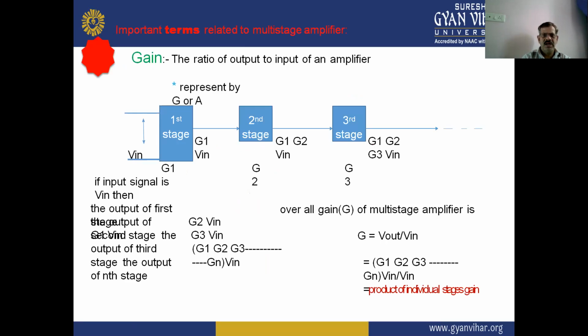So if we connect more than one stage, and each stage has gain G1, the second is G2, the third is G3, the overall gain is the product of these different stage gains.